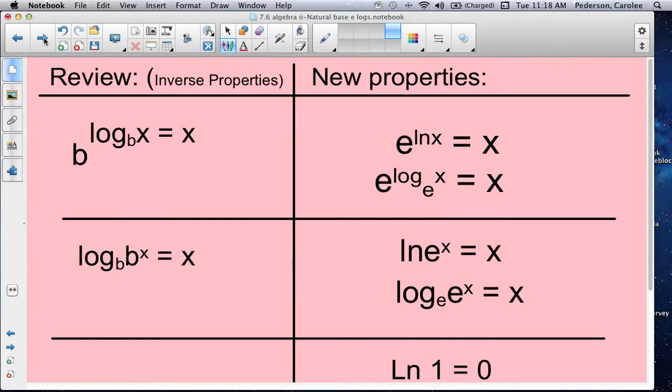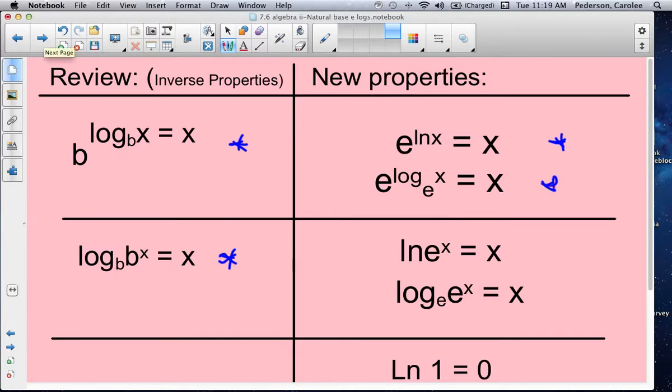All right, very important properties for you to write down. We've already done the ones on the left. We've written this one down, the inverse property and the inverse property. Here are the inverse properties now with logarithms and exponentials in base e. So we have, this is a new property, write it down. E raised to the ln of x. They are inverses of each other, so you're left with x.